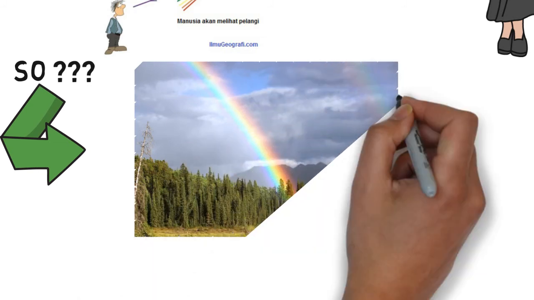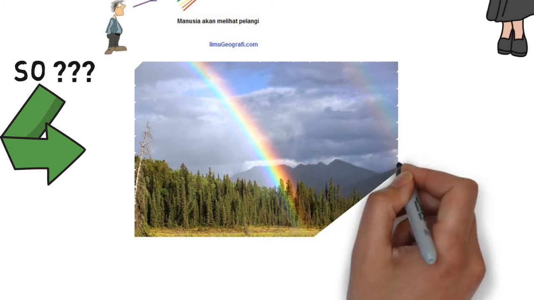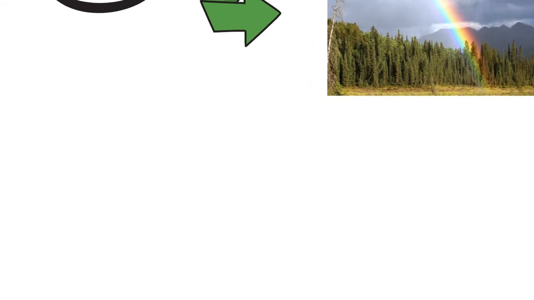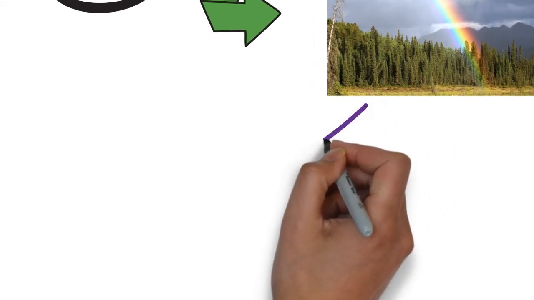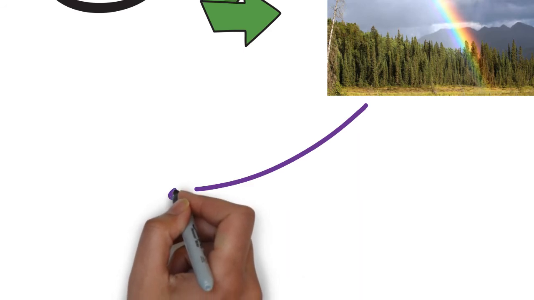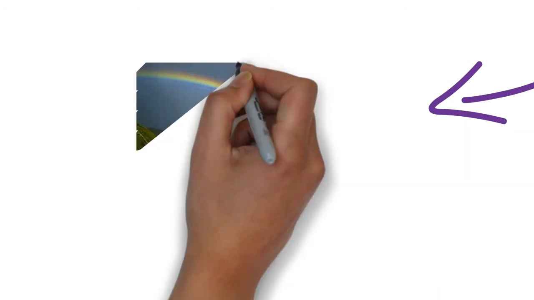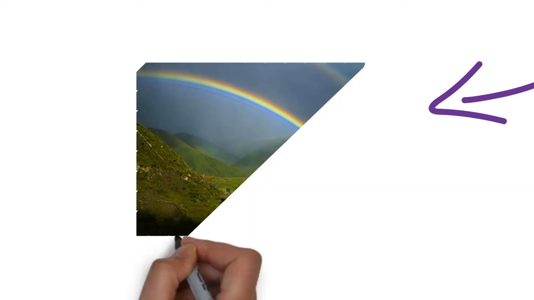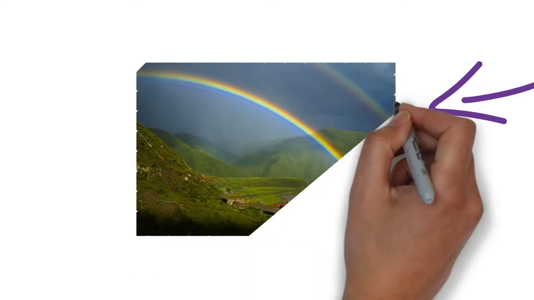Now, turning to light is refracted again as it leaves the raindrop. Just as the light changes speed as it enters the raindrop, its speed changes again as it leaves. Here, the light is moving from a more dense medium, water, to a less dense medium, air.